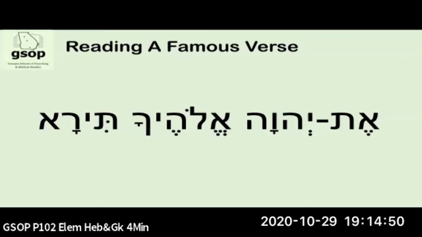So the subject is the Lord your God, and then you have the very last word, which is the verb, and here it is the Qal imperfect, second masculine singular. We'll get to that in a minute, but it's pronounced tira.